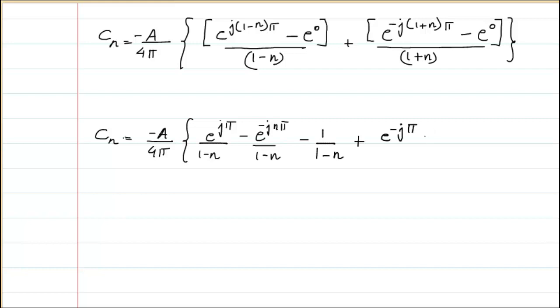into, so this was into, so I should have taken care of that. So it is into e raised to power minus j n pi divided by 1 plus n, minus 1 divided by 1 plus n.